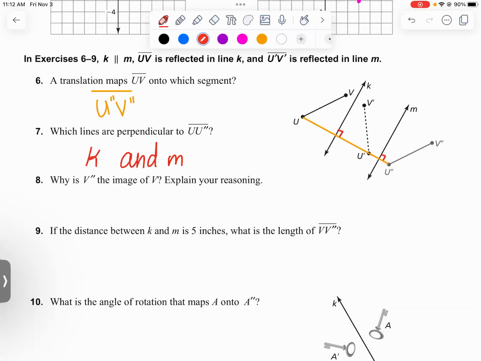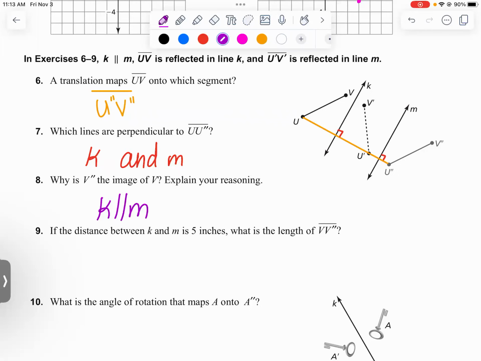Why is V double prime the image of V? Okay, how are we getting V double prime? We reflect across K and then we reflect across its parallel line. Okay, so since K and M are parallel, that is why we can do this.